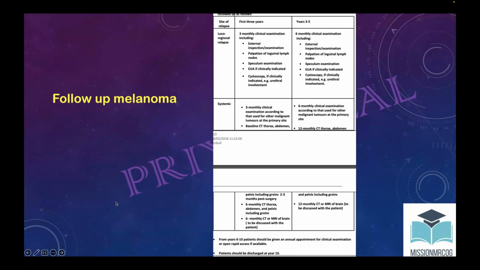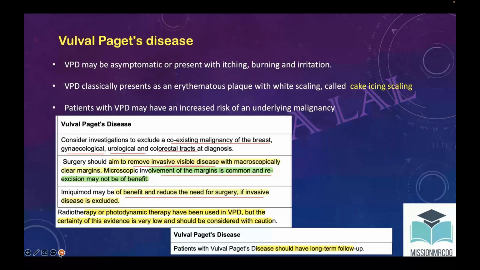So now the vulval Paget's disease. Vulval Paget's disease may be asymptomatic, or the patient can come with itching, burning, irritation. Usually it appears as red, so an erythematous plaque with a white scaling, and it is called cake icing scaling.